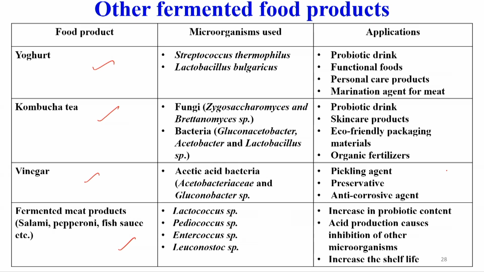So, today we discussed an overview of the potential of bioprocess engineering from diverse fields, starting from healthcare products, and we ended up with fermented food. We started with healthcare products, particularly antibiotics and vaccines.